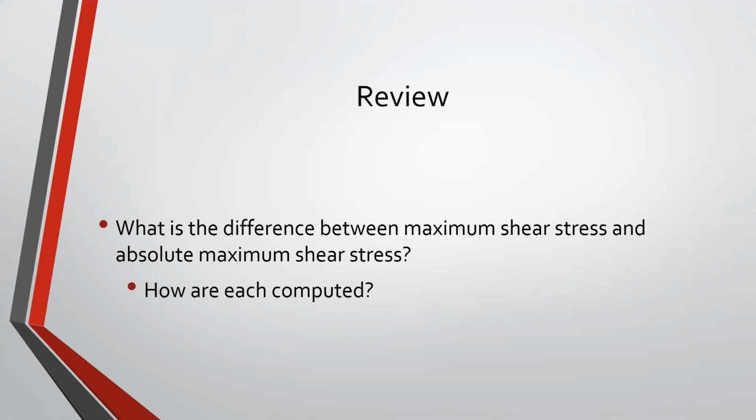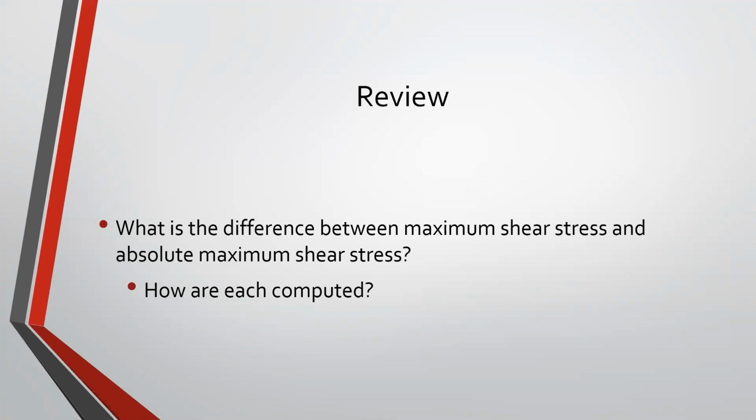But when we recognize that we can rotate it in any of the 3 directions, we get those 3 different circles, and the largest of those circles has a radius that is our absolute maximum shear stress. So each circle has its own maximum shear stress, but we have an absolute, which is the biggest of those 3. And that mathematical equation that he mentioned, the 1/2 sigma A minus sigma C, corresponds with that.